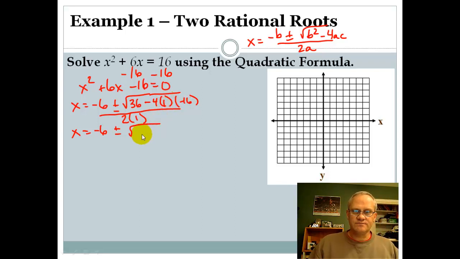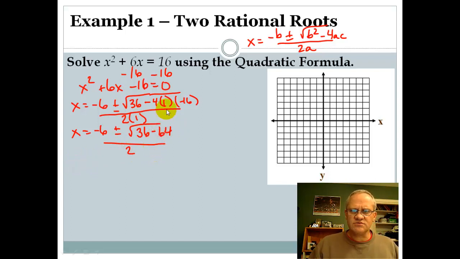Equals 64. So this would be 36 minus 64 all over 2. What's 36 minus 64? Negative 28. Okay, so let's simplify this down a little bit more.